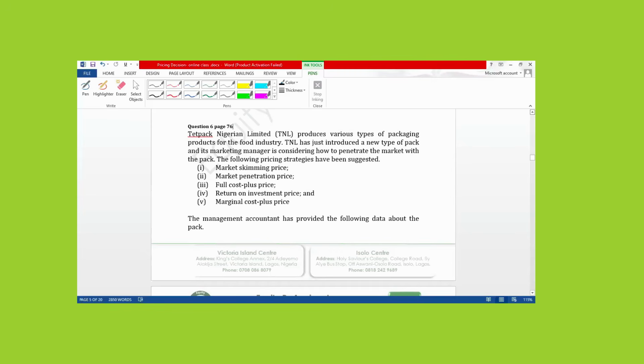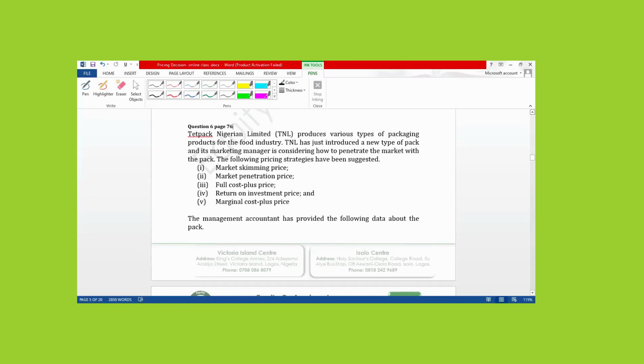When the product does not have a rival. Assuming the product is unique, there's no other product like it, you can gain the market. That's great. We can adopt market skimming when our product is unique in terms of quality and there's no rival product in the market. So Oyindamola has done justice to market skimming pricing.